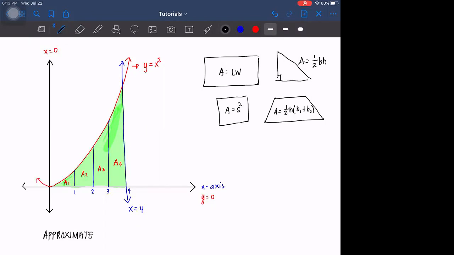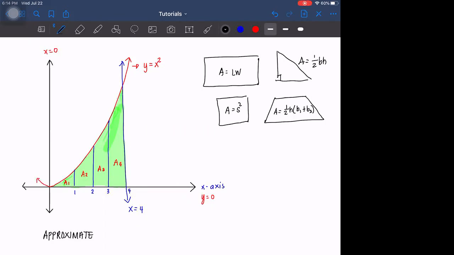Approximation, is that the same as estimation? Similar. Approximately means it's close to the real value. Very close to the real value.